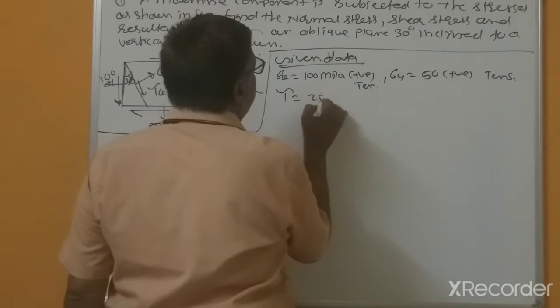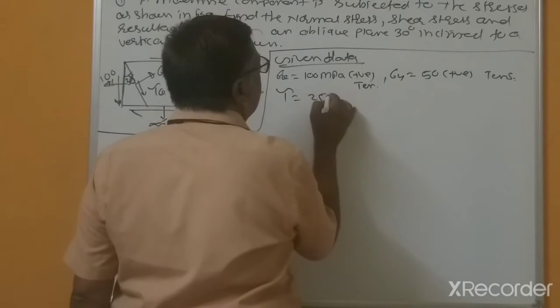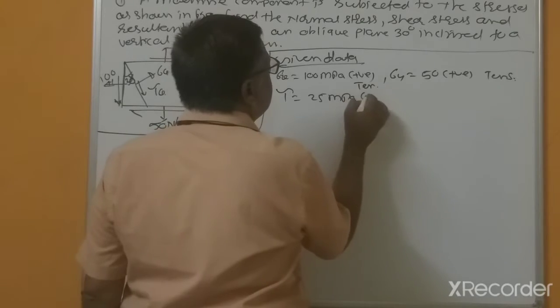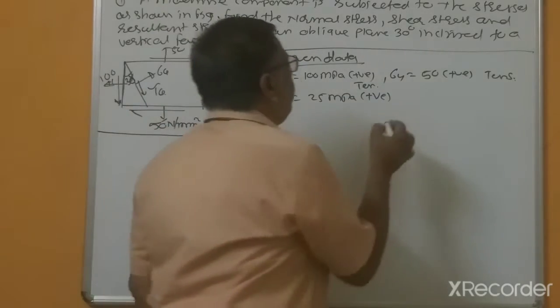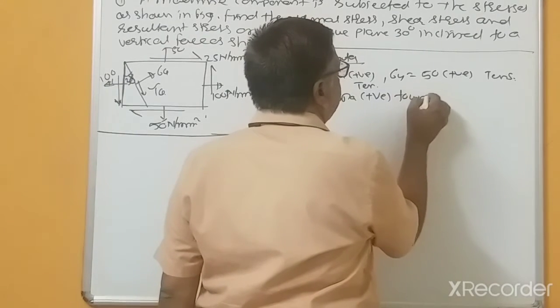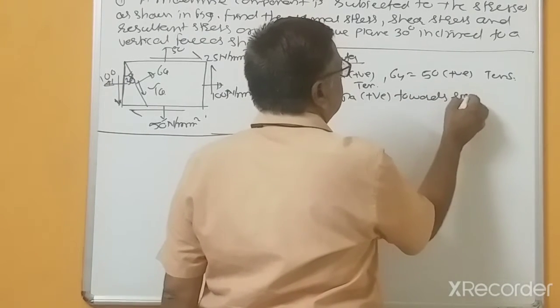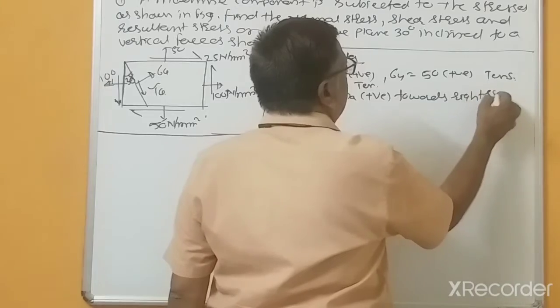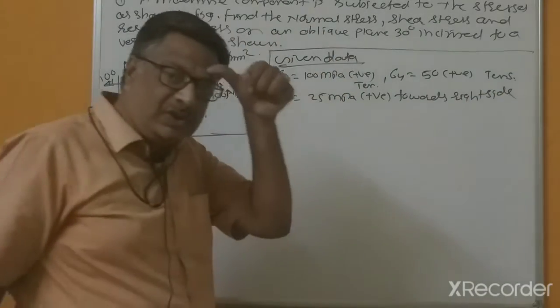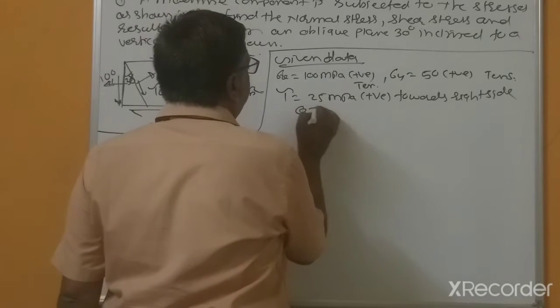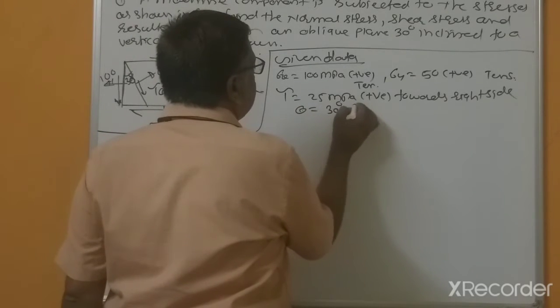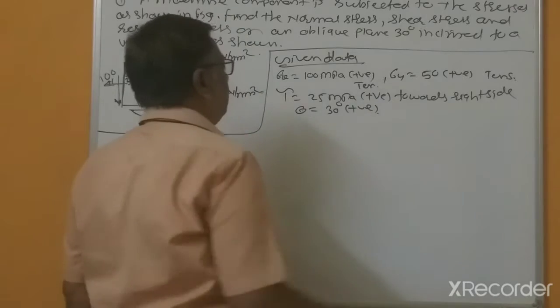Shear stress equal to 25 megapascals, this is also positive because it is towards the right side. You may be confused, so that's why I am writing this. Theta equal to 30 degree and this is also positive.